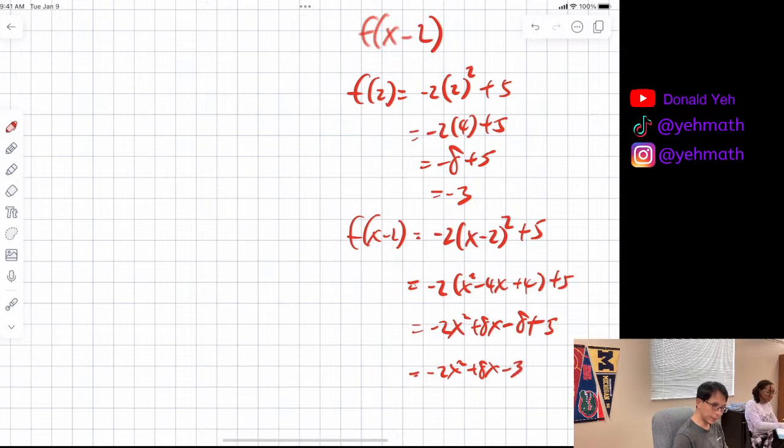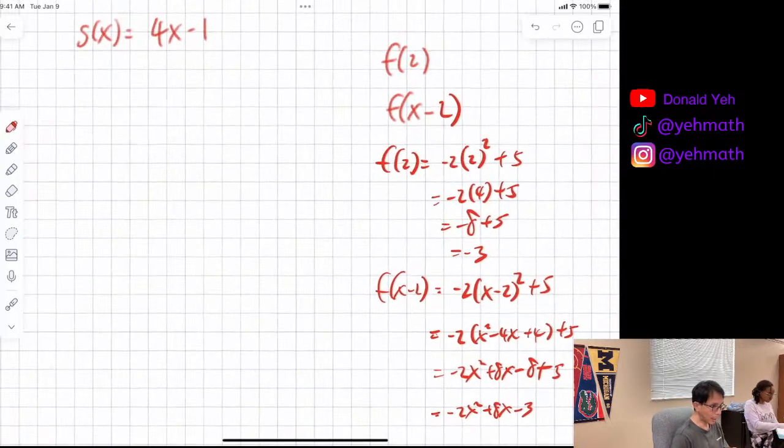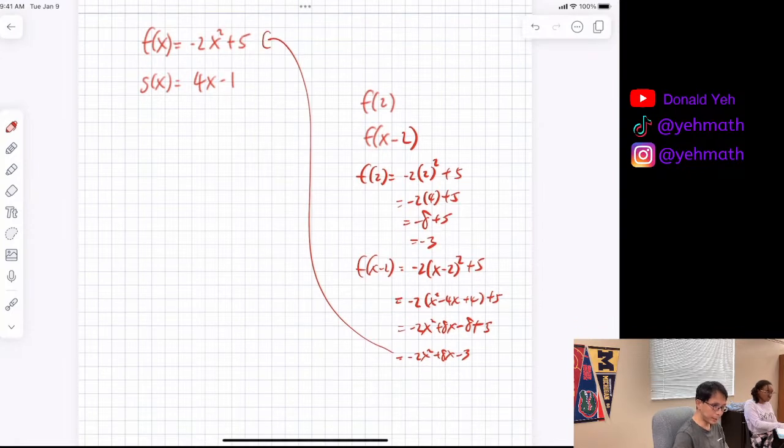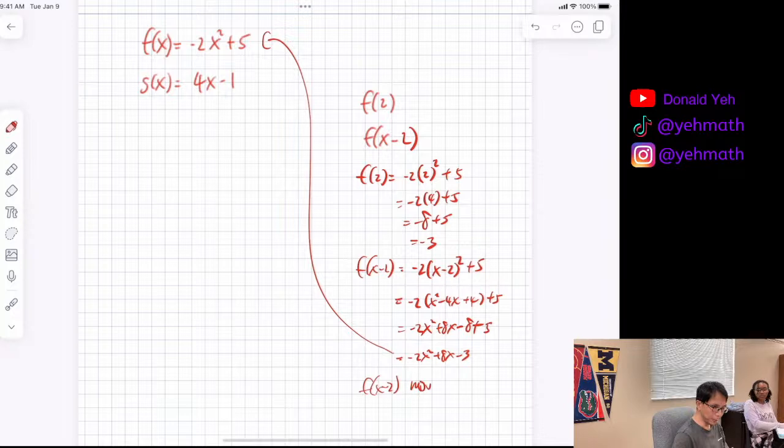And that's -3. Hopefully I got this one right. Is that okay? So this graph compared to this graph, f of x minus 2 moves right 2 units, because it's x minus 2. Opposite from the sign, inside the parentheses, opposite from the sign.